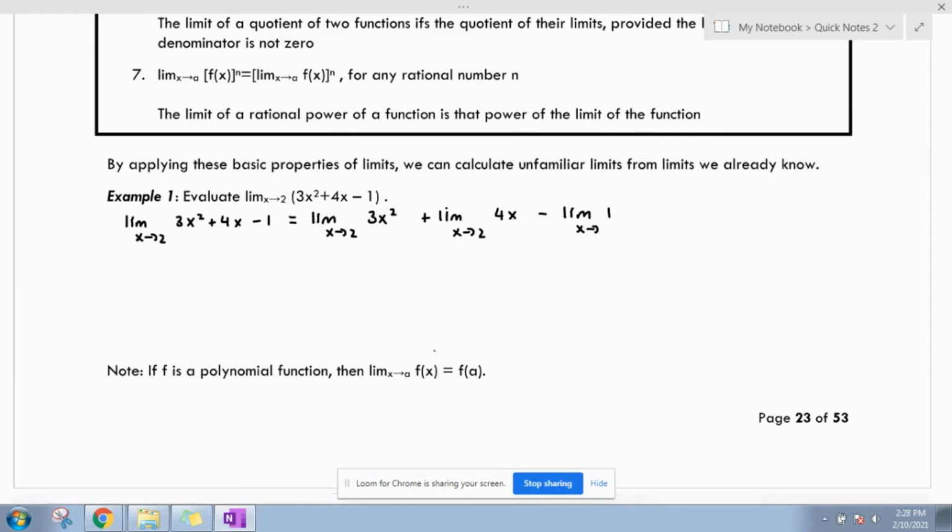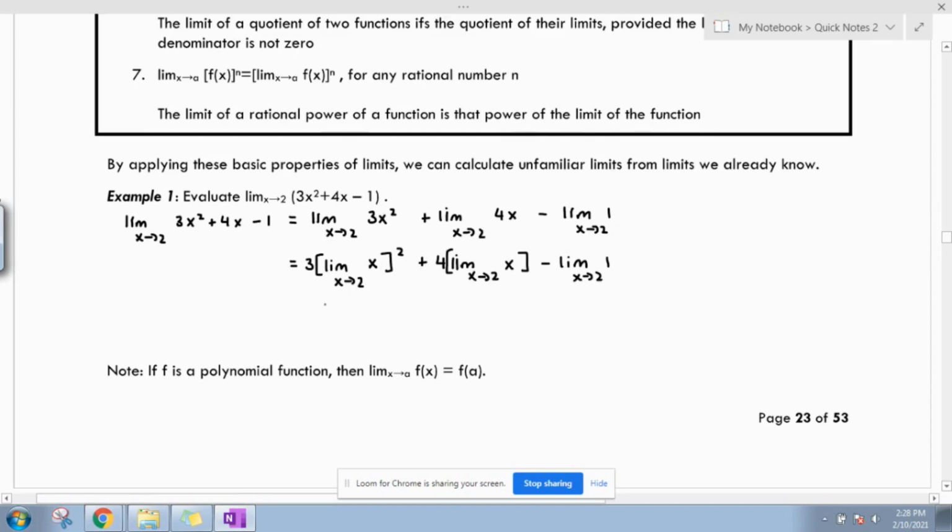Then you're essentially evaluating each of those limits separately. And for two of those limits at the beginning, you can still break them up using your limit properties. So I can rewrite this as 3 times the limit as x approaches 2 of x, and then all squared, plus 4 times the limit as x approaches 2 of x, and then this one just stays the same at the back. I forgot the 2 there.